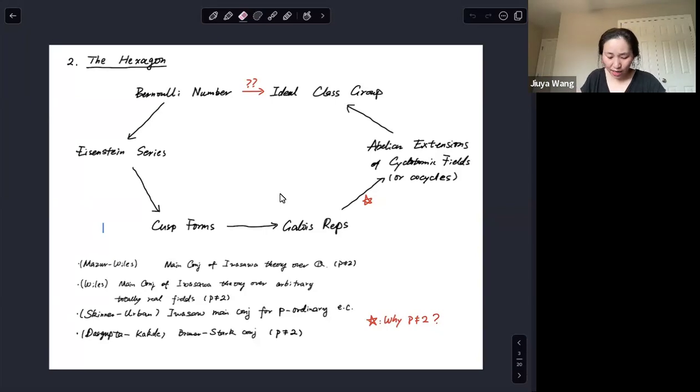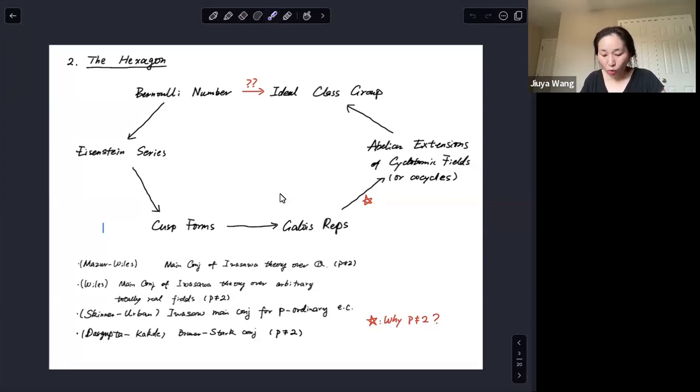So what is this loop? Basically, to prove the direction in Ribet's theorem, we usually start with some analytic information like the Bernoulli number or some special value of L-functions, and then construct some Galois representations using Eisenstein series.